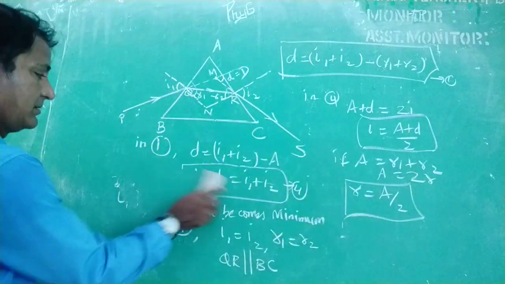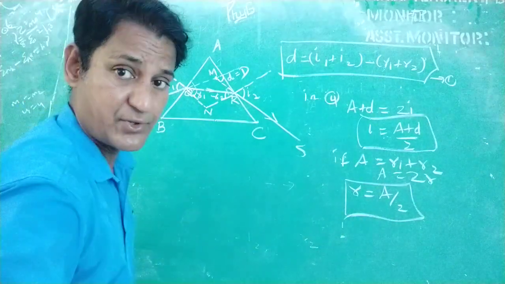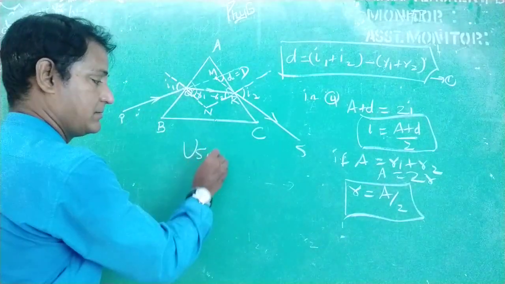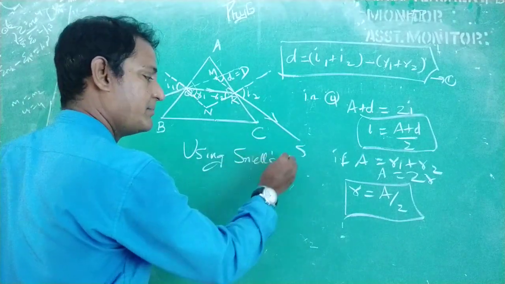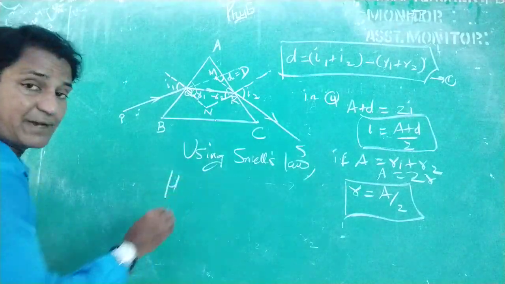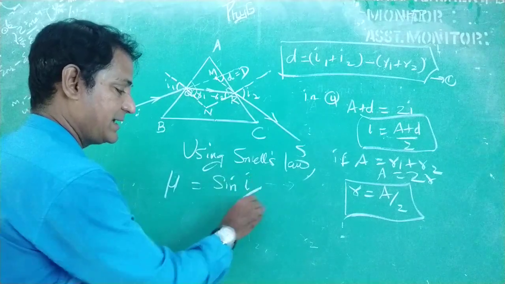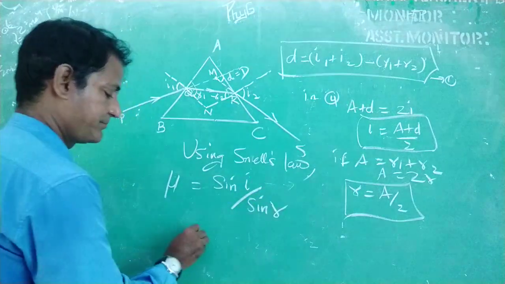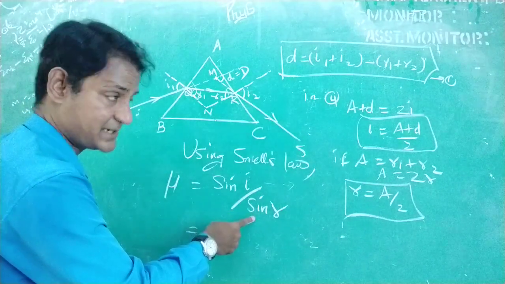Now we all know Snell's law. Using Snell's law, mu, the refractive index of the material of the prism, is equal to sin I by sin R, sine of angle of incidence by sine of angle of refraction.